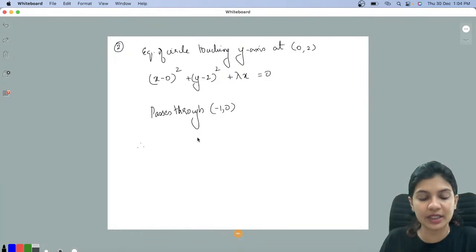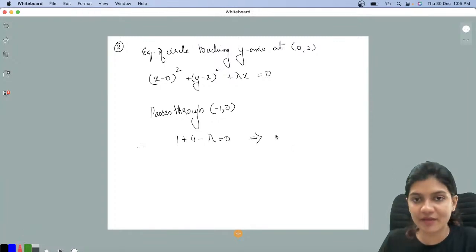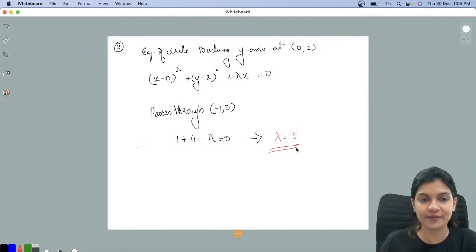Therefore you will get 1 plus 4 plus lambda times minus 1, that is minus lambda, equal to 0, which implies my lambda value is 5.